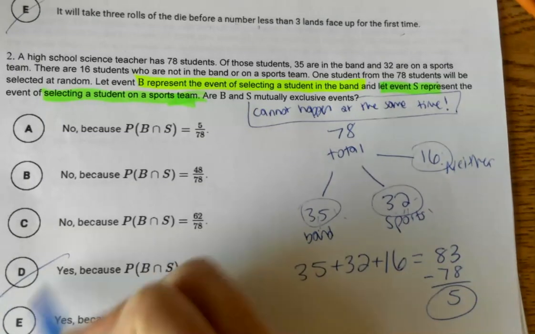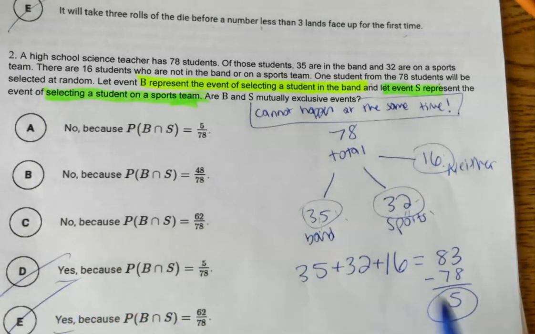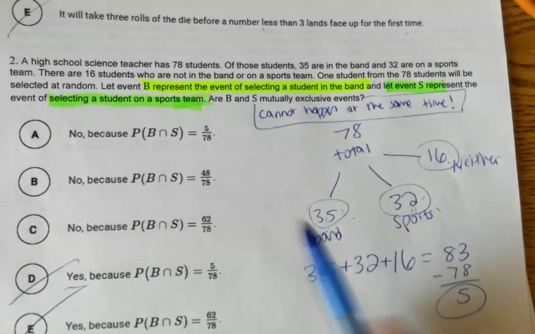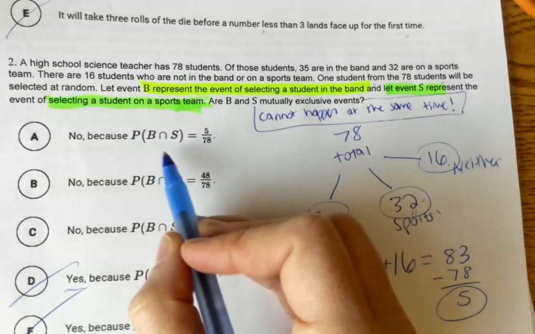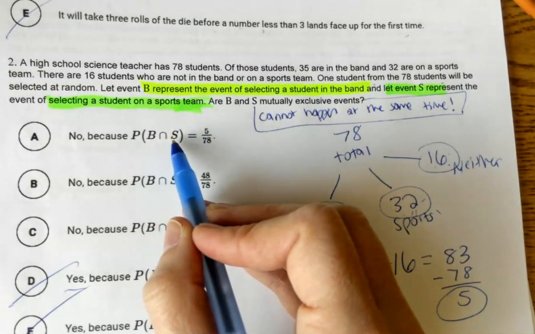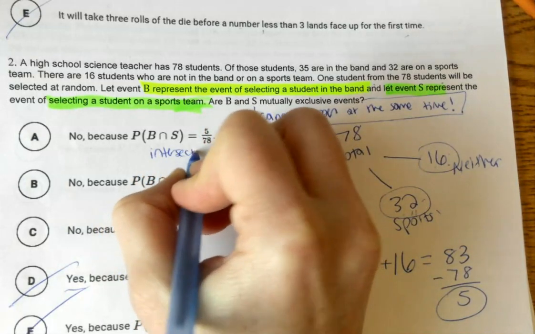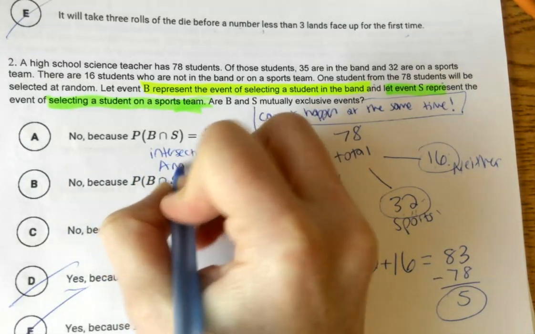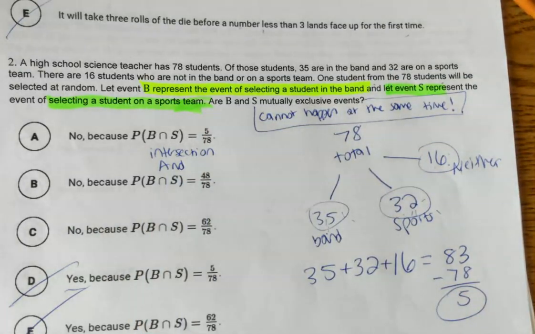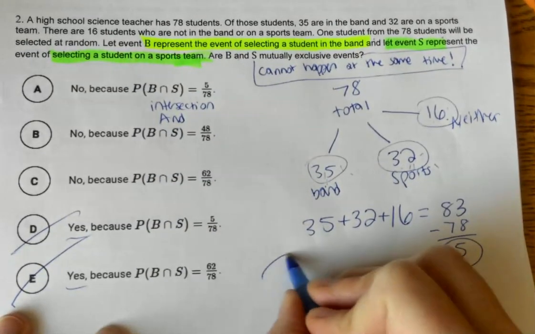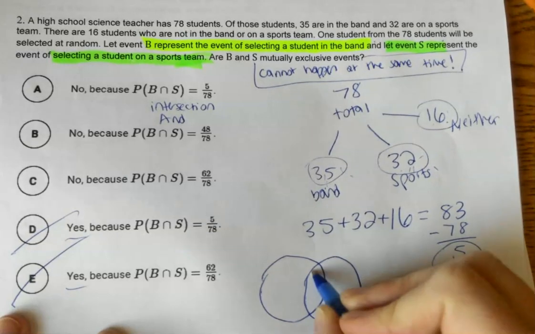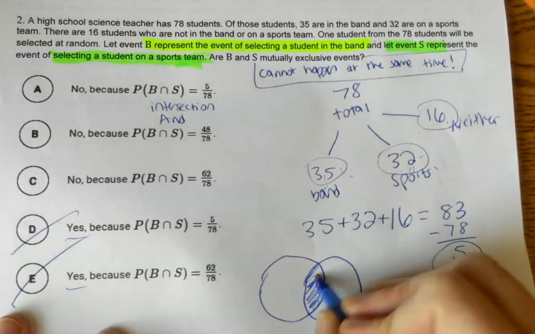So let me go ahead and eliminate D and E because those say yes. Now let's look at the explanation. This says no because the probability of B intersection S. That's intersection. You should be thinking of the word and. Intersection, and. Remember, intersection is the part of the Venn diagram where the 2 overlap, right?